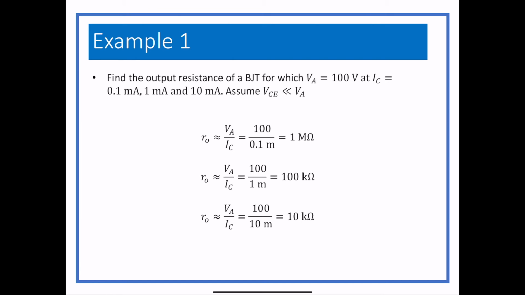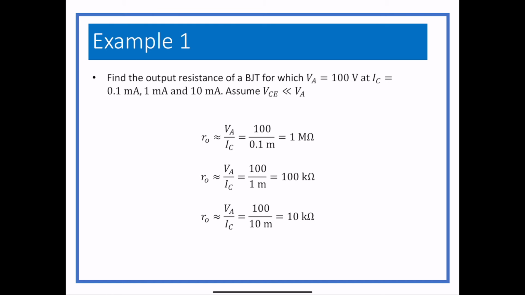As the collector current increases, the RO value will decrease and have a greater effect on the circuit. So that's one of those design things to bear in mind. The characteristics that I showed you initially were based on differing values of VBE, which is similar to what we did with MOSFETs, with differing values of gate source voltage.